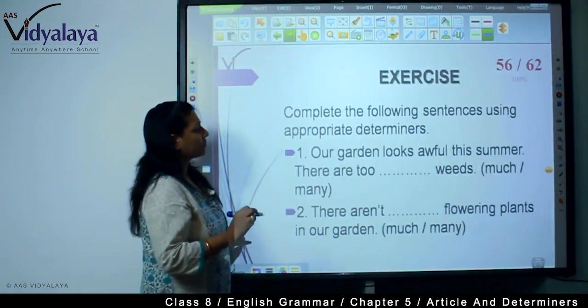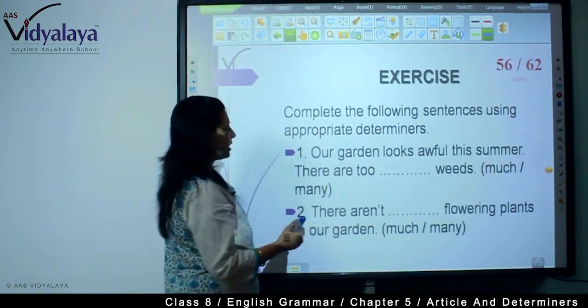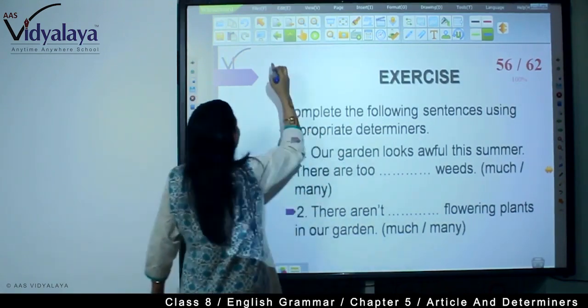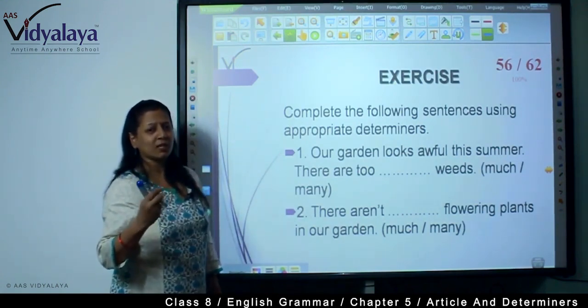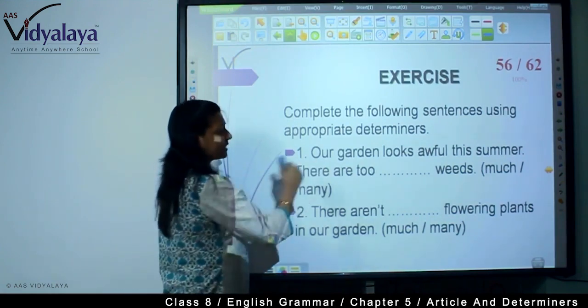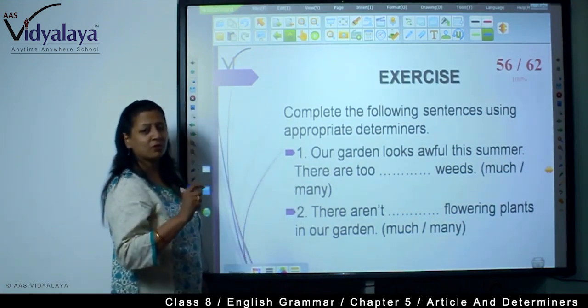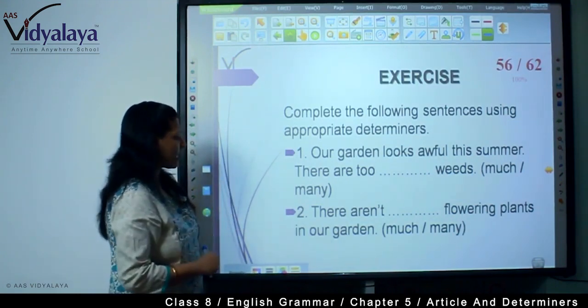Here you are seeing, complete the following sentences using appropriate determiners. With countable nouns we use many, and with uncountable nouns we use much. Weeds is the subject. So what will you write, much or many? There are flowering plants.